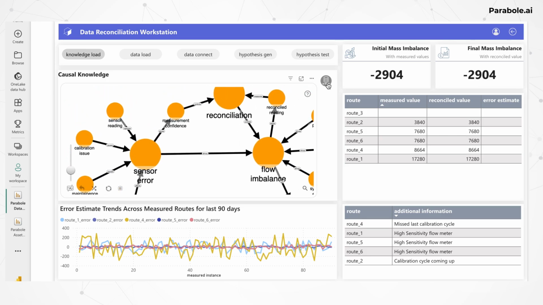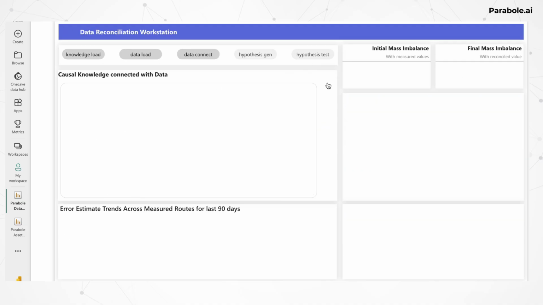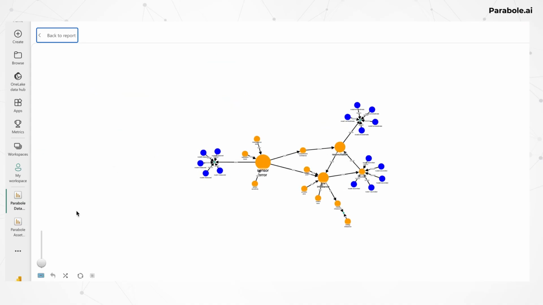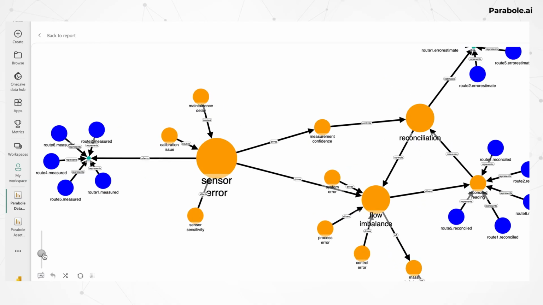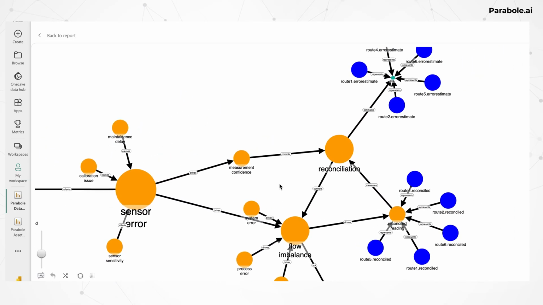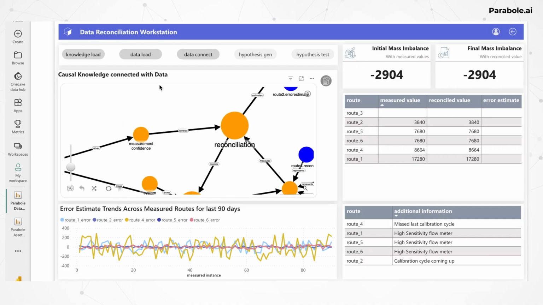Now we are associating the 90-day historical data with the causal model. We have sensor readings from 5 routes related to the respective sensor errors. And these readings map error estimates to reconciliation and attach reconciled values to reconciled readings. We have a comprehensive causal representation of the imbalance scenario.